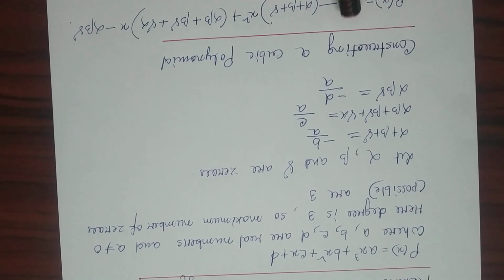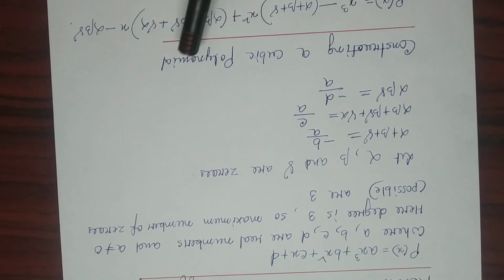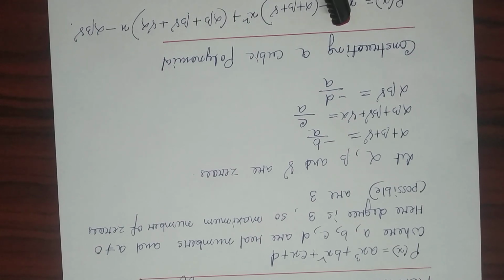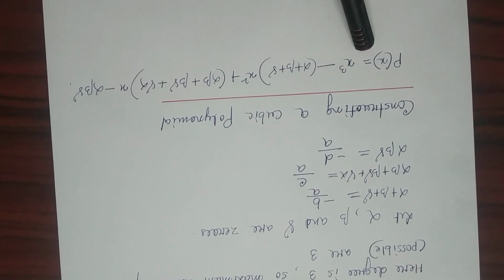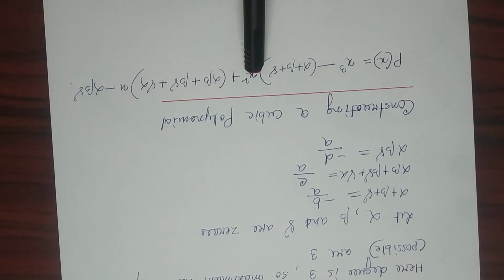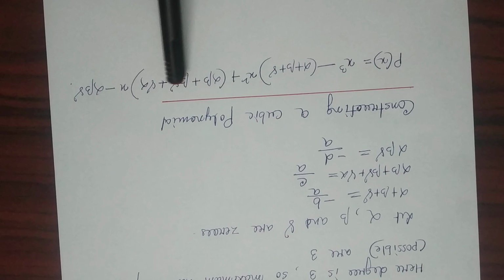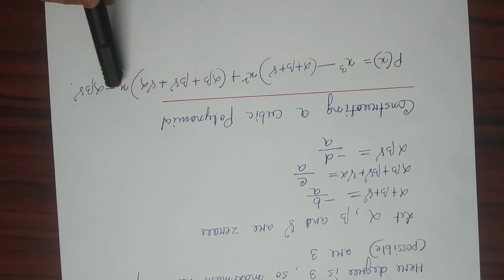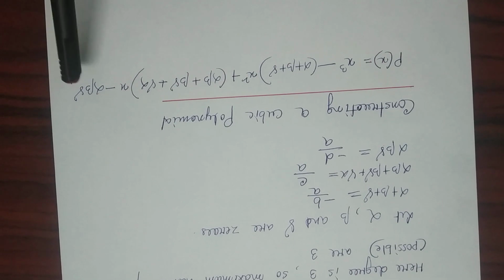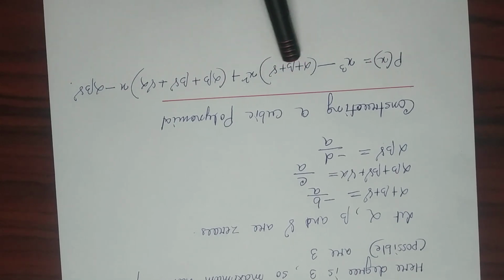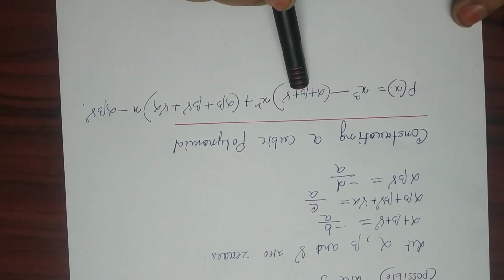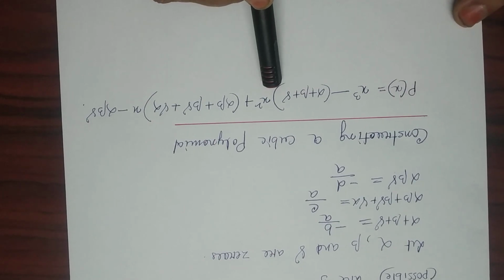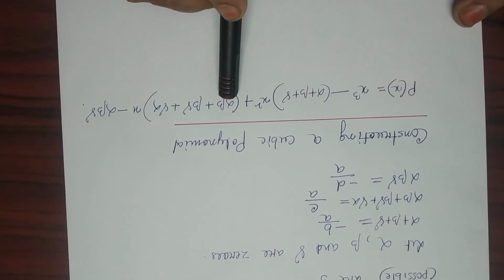Now constructing a cubic polynomial. Like constructing a quadratic polynomial, we can construct a cubic polynomial also. And the formula is p(x) is equal to x cube minus (sum of zeros) into x square plus (sum of products of zeros taken two at a time) into x minus product of zeros. If zeros are given, first we find the sum of zeros, then the sum of products of zeros two at a time, and the product of zeros.